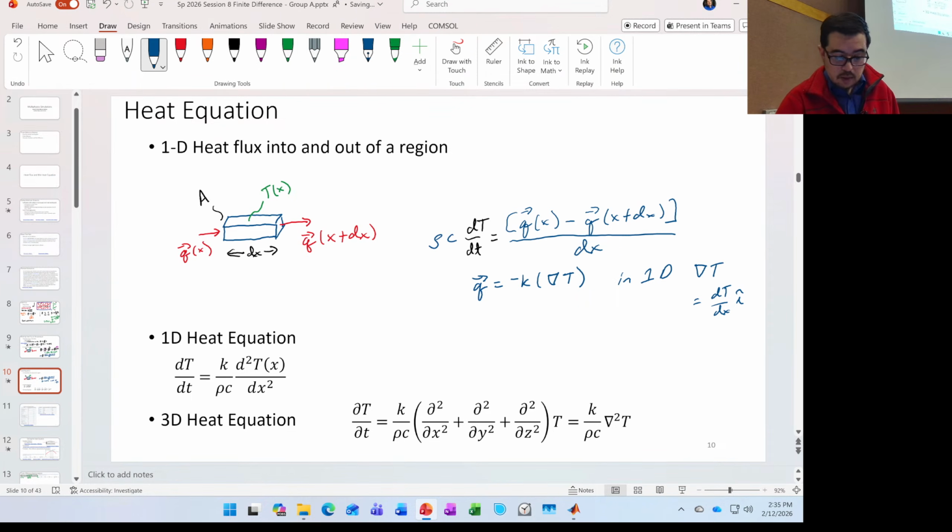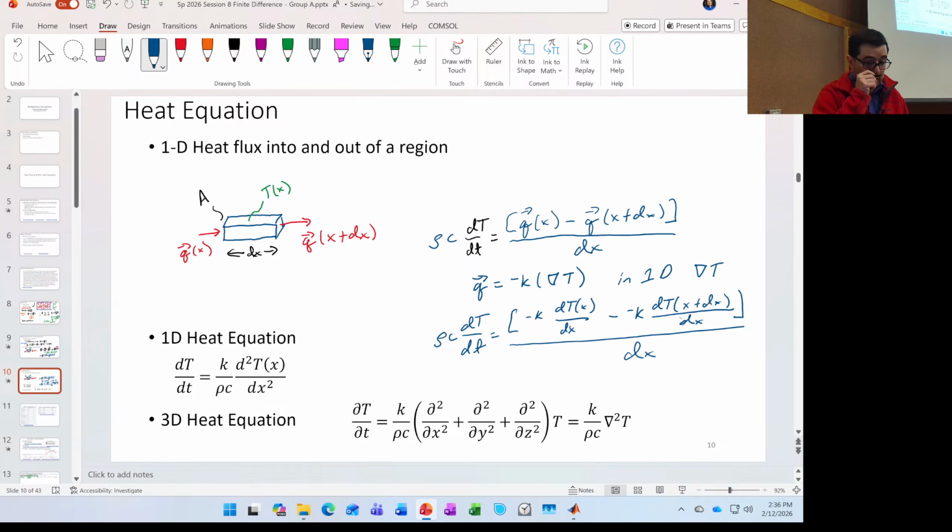So we can say that this quantity right here, rho c dt, is going to be equal to something like this, which essentially says take the second derivative of temperature.